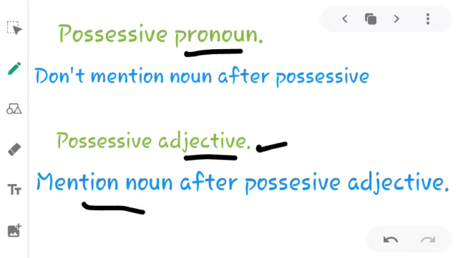We always mention a noun after a possessive adjective. So if we have a possessive word and it is coming right before a noun, that will be a possessive adjective. And in a possessive pronoun we do not mention a noun after the possessive.